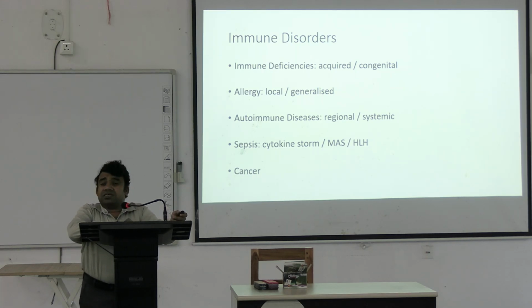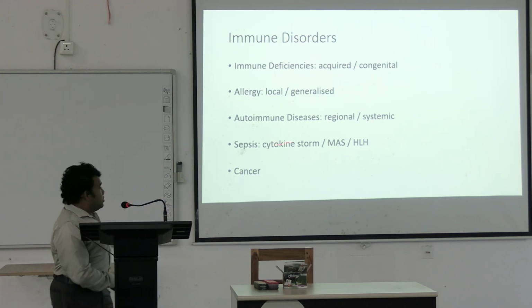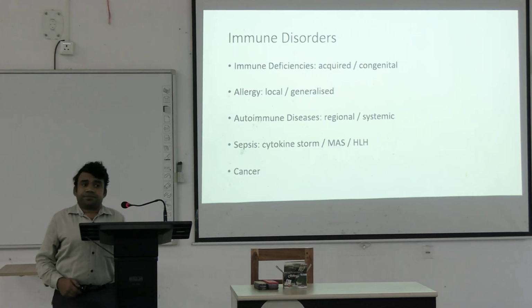That means the macrophages in the bone marrow start eating up other cells, including the hematopoietic cells. That is called HLH syndrome or hemophagocytic lymphohistiocytosis. So this is a dreaded consequence of this phenomenon of sepsis.